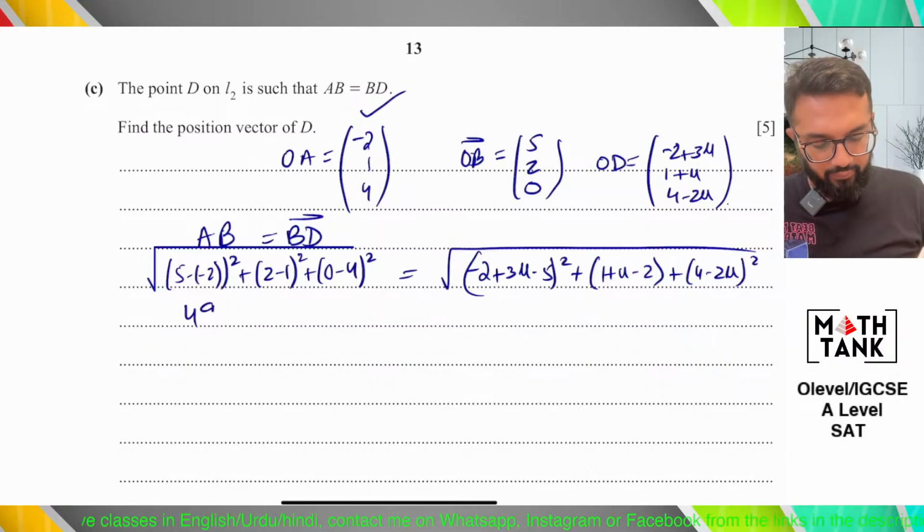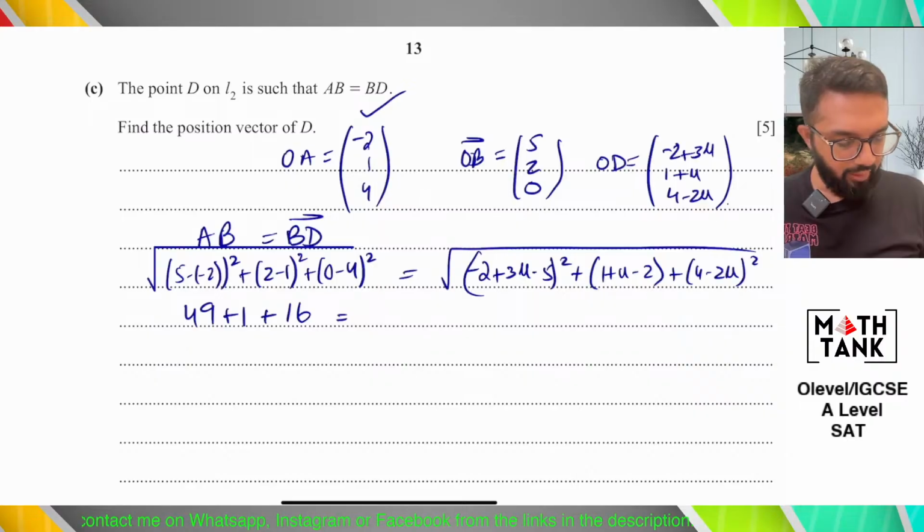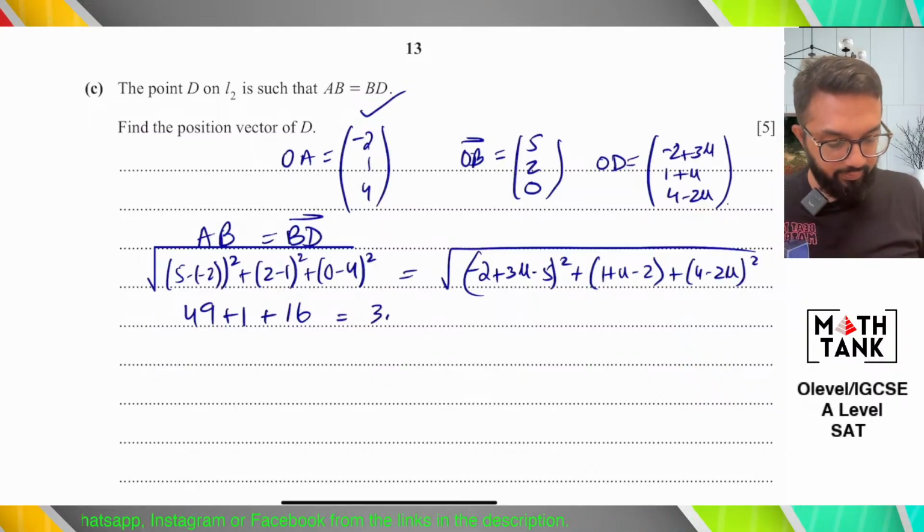Okay, so that's going to be 49 plus 1 plus 16. 3 mu minus 7 whole square.